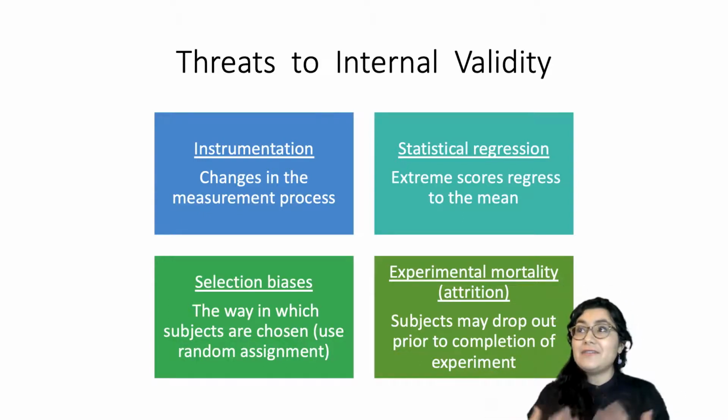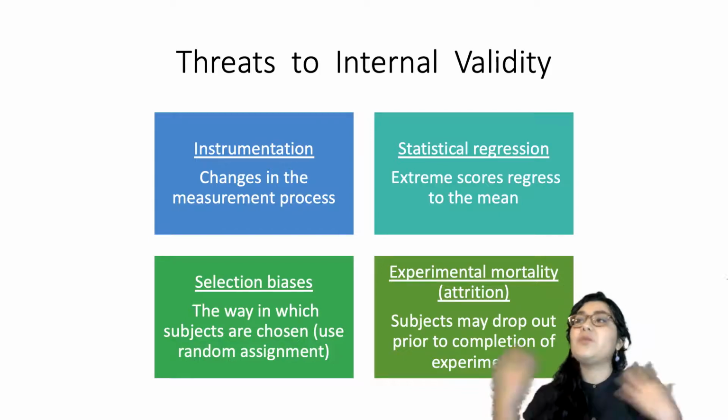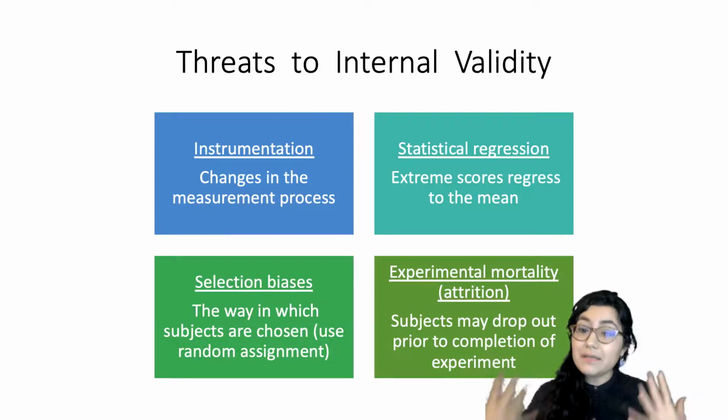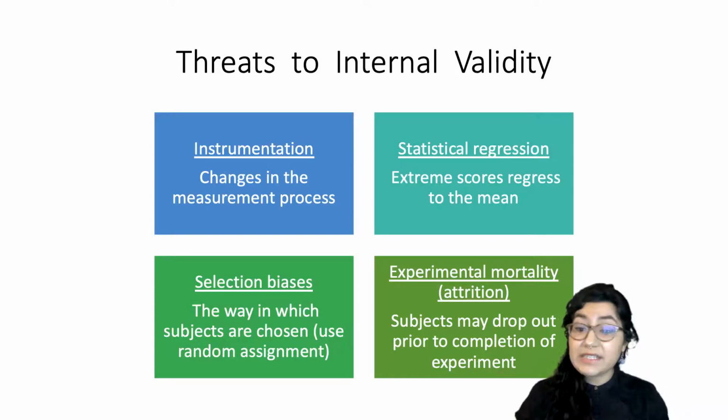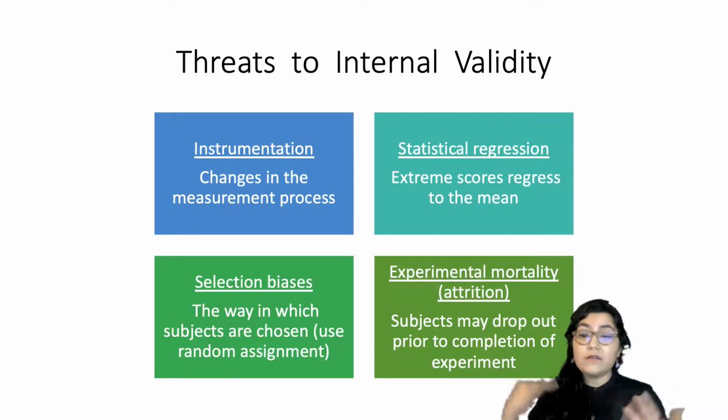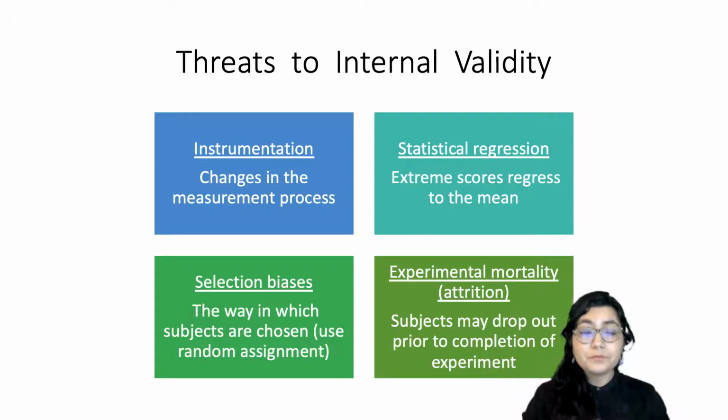So if we are testing a drug rehabilitation program and a few people do really, really well, then when we analyze the impact of that program, we might be overstating it because of those small anomalies.